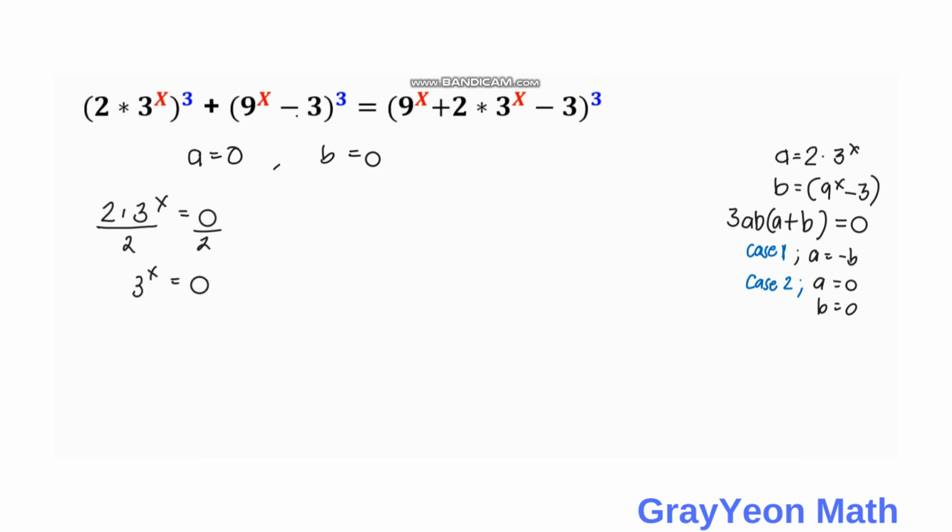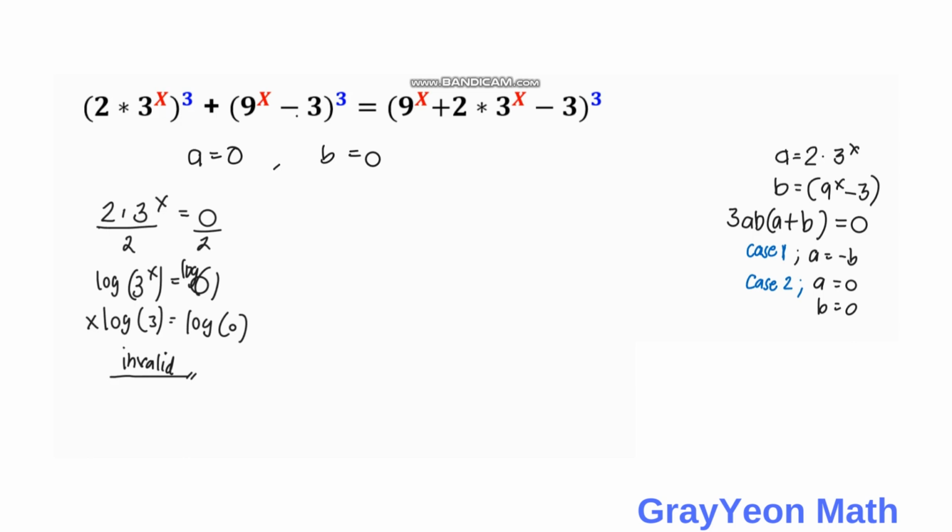If we apply again the logarithm for both sides, the logarithm of 0 is invalid. Even if we divide this by the logarithm of 3, we will get nothing. So this is invalid because you cannot get a number for the logarithm of 0.